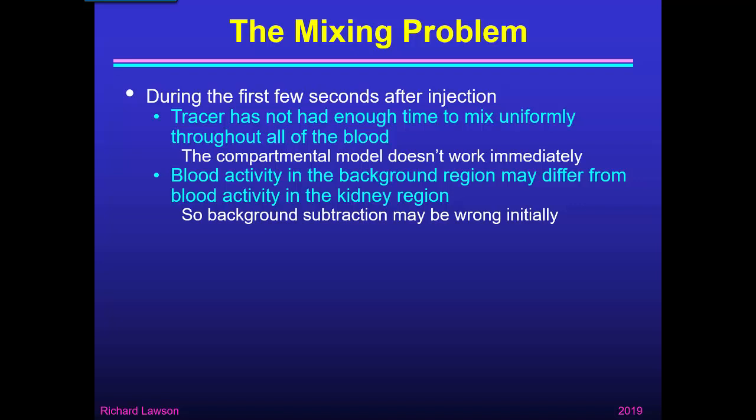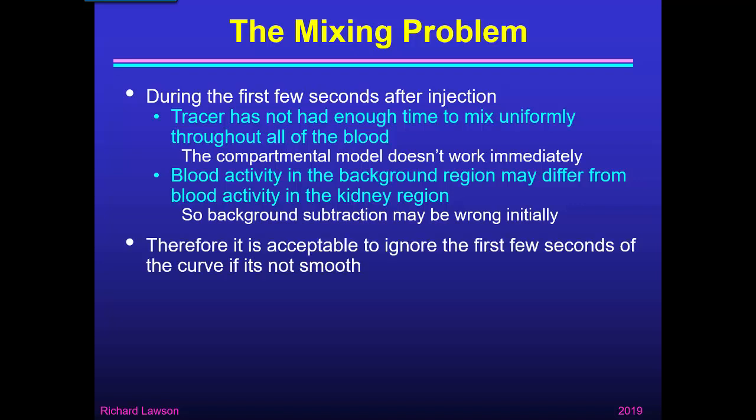It assumes that tracer was uniformly mixed in the blood, and that actually takes a few seconds to occur. So during those few seconds, the blood activity in the background region may differ from the blood activity in the kidney region, so it wouldn't be surprising if background subtraction were wrong initially. So that's how I justify saying it's acceptable to ignore the first few seconds of the curve if it's not smooth, because we haven't yet achieved proper mixing.